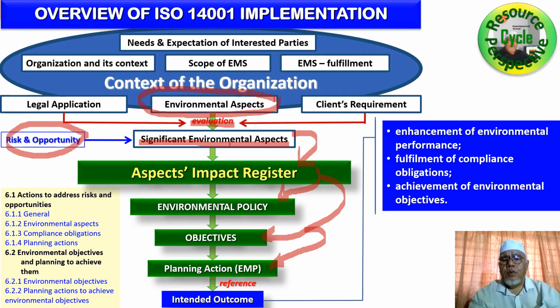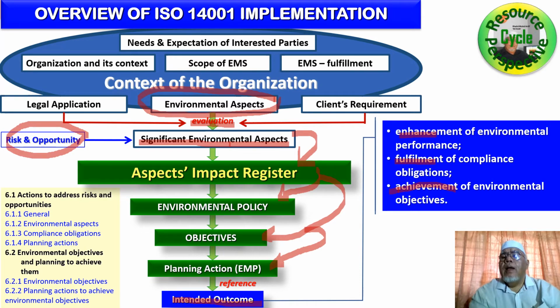That is the environmental management program, so that we are able to arrive at our intended outcome, which consists of enhancement of environmental performance, fulfillment of all our compliance obligations, and achievement of our environmental objectives. These are the three major things within our intended outcome, what we should achieve.